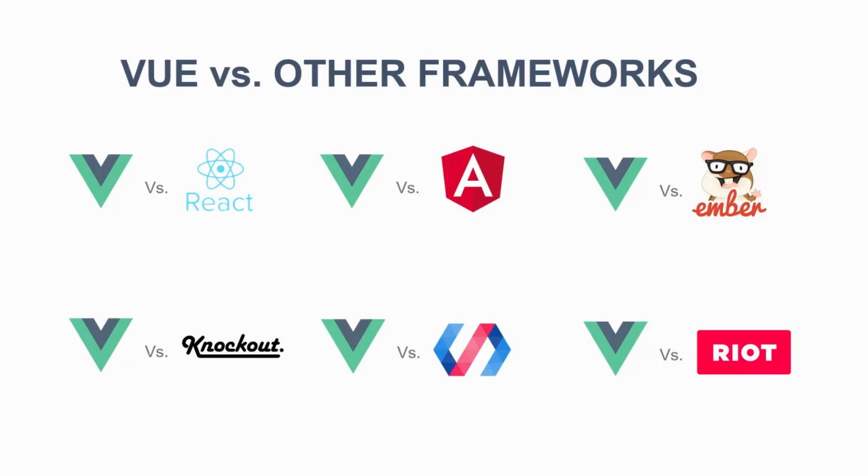Angular 2 is another framework that Vue gets compared to. But Angular 2 is kind of a different animal altogether. It's not a UI library or framework. It's a complete framework, and it offers a lot more. It's made up of many different packages and modules, and this makes Angular a lot harder to learn, but obviously more powerful.